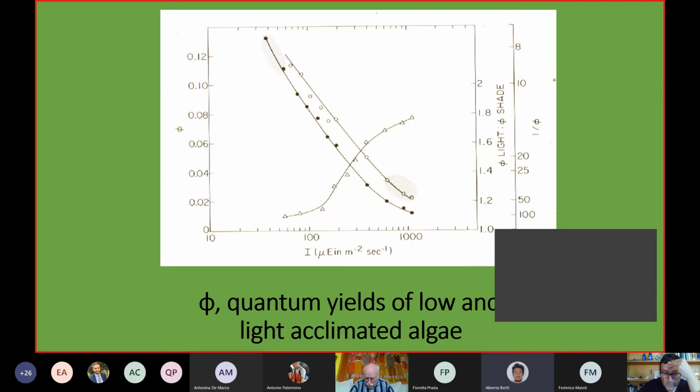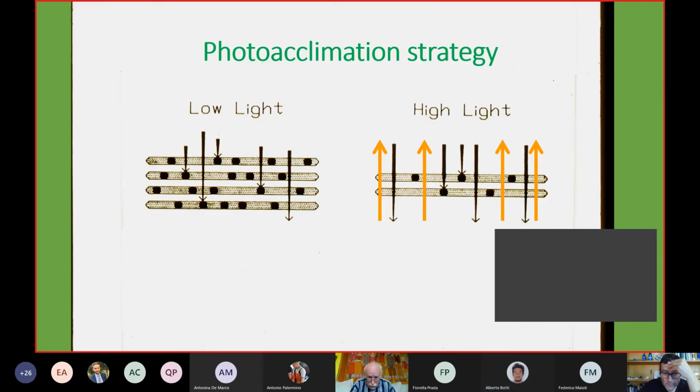Okay, the physical factor is really explained here. You harvest more light, you harvest less light. And in the case of the coral, for example, or in the case of Dunaliella, you have 10 times more light harvesting chlorophyll in the low light adapted, acclimated cells than in the high light ones. Okay, so that is the optical component. Is that clear?